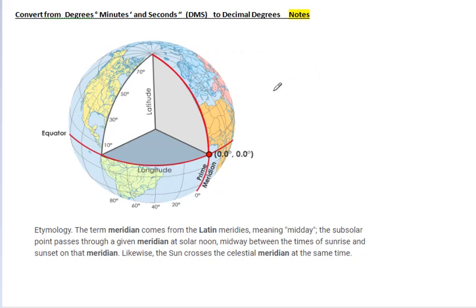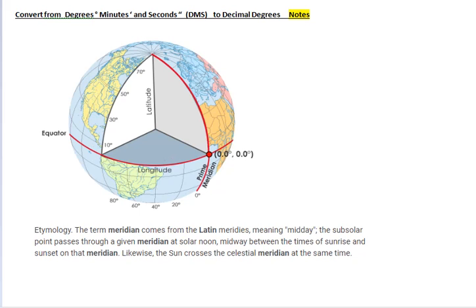I find all of this kind of interesting. If we put it with the picture of the globe, as you know, our globe, or the sphere, is divided up into lines of longitude, which has the word long in it, so they go this way, and the lines of latitude, which are up and down, or vertical, I guess is the correct word.